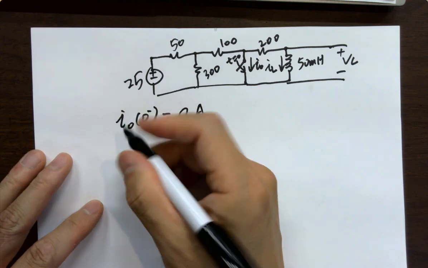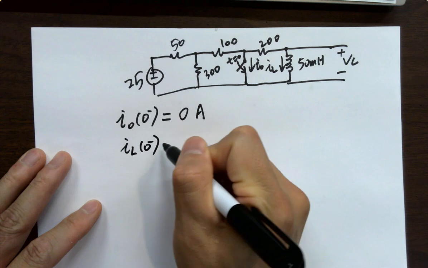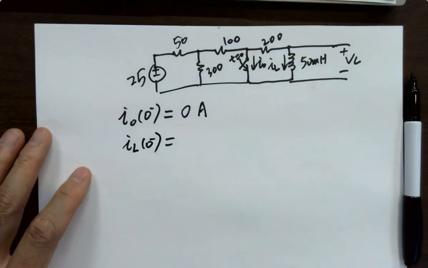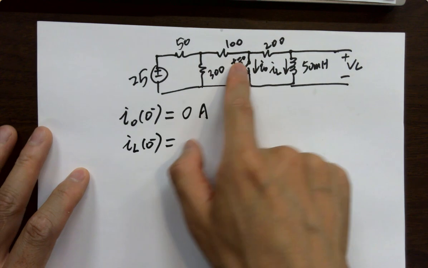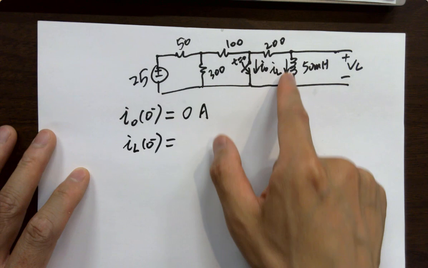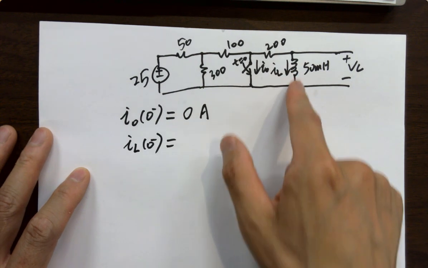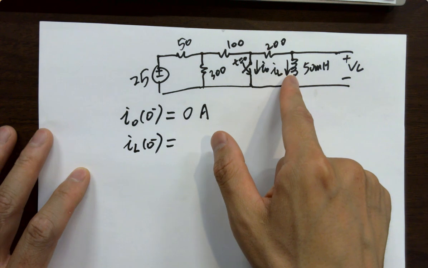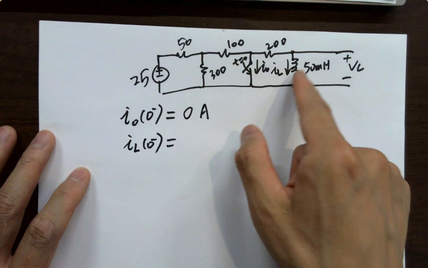Amps, okay? What about IL0 minus? 0 minus means this is disconnected. And what is this? It's been there for 100 years. It's a wire, yeah. So can I get a current here? So that current is IL0 minus, okay?